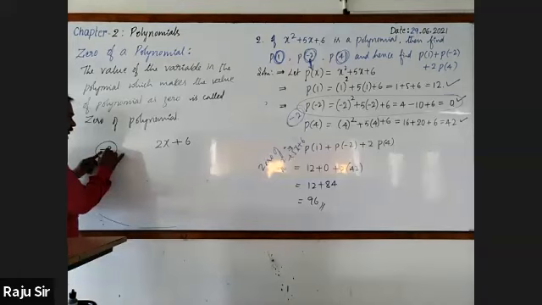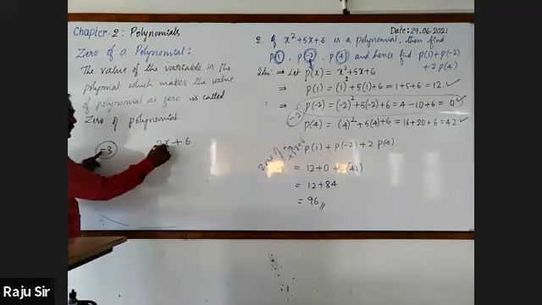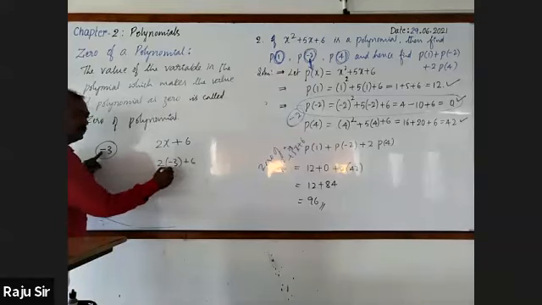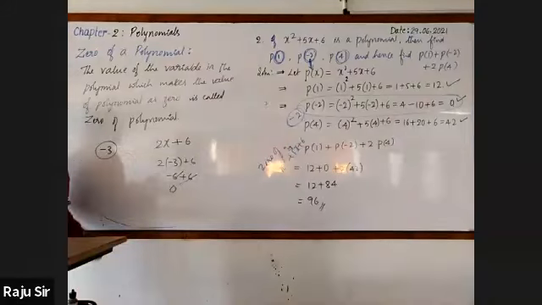The reason is when you substitute minus 3 in place of x, 2 into minus 3 plus 6. Here, 2 into minus 3 is minus 6, plus 6, they get cancelled, and it's 0. Got it? That is why it is called the 0.